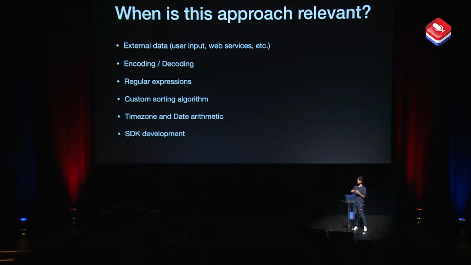Whenever you do encoding and decoding, it can really help because this is a kind of computation where there are lots of properties that come naturally with the domain, like what has been encoded and decoded must be equal to the original material, this kind of thing. When you have regular expressions, of course, it works well.